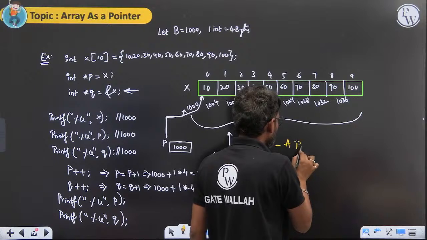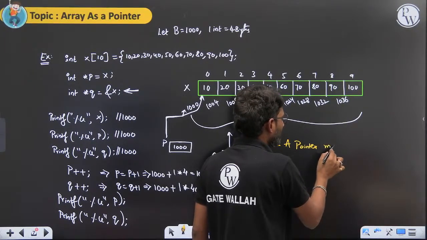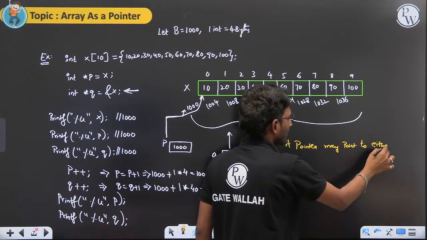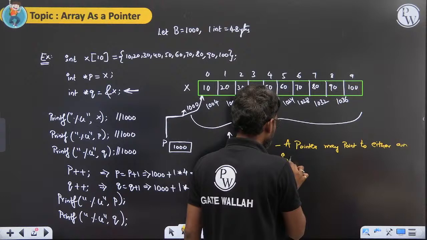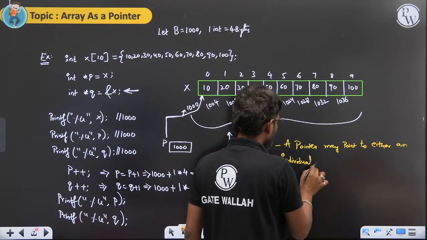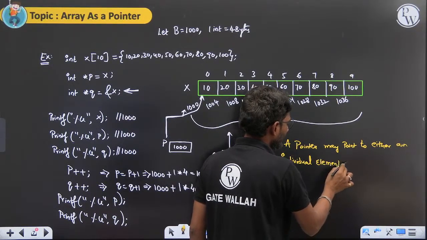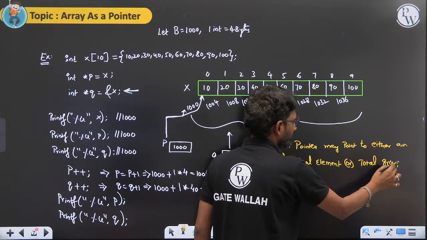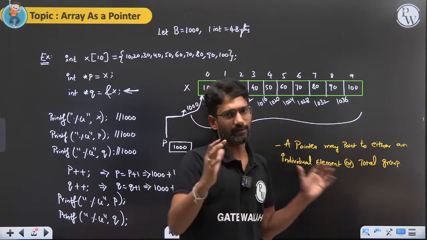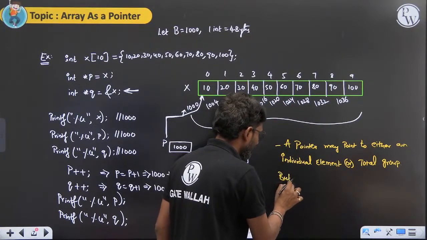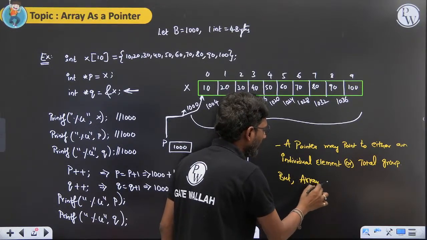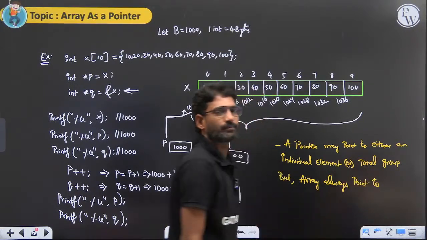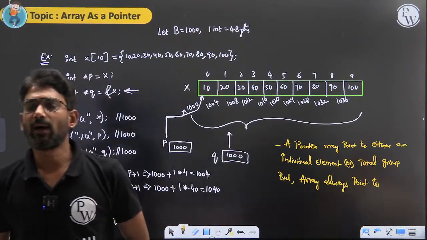A pointer may point to either an individual element or a total group of elements, but an array always points to what? Array always points to what?